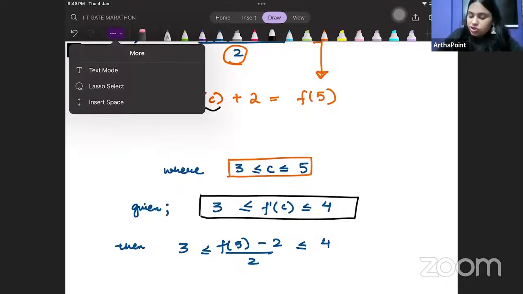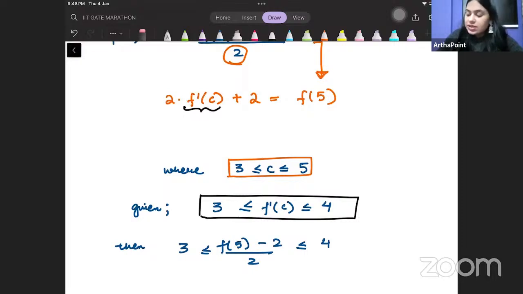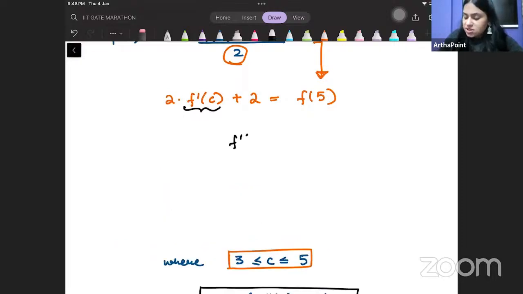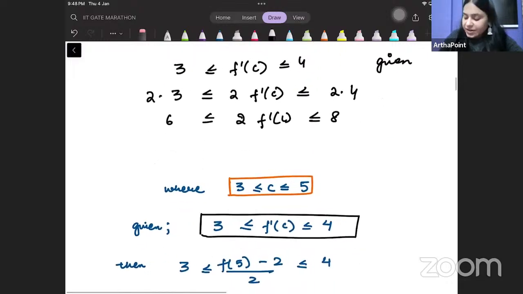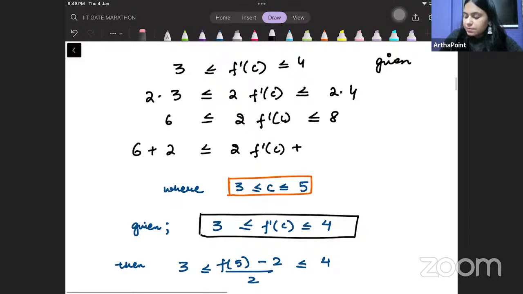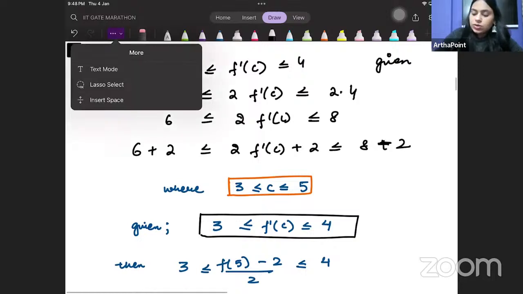So now I can just go ahead and quickly solve this. That f dash c must lie between 3 to 4. This is based on the information given to me. So if I multiply 2 on both sides, 2f dash c will lie between 6 to 8. And if I add 2 on both sides, then I will get 2f dash c plus 2 will lie between 8 to 10.